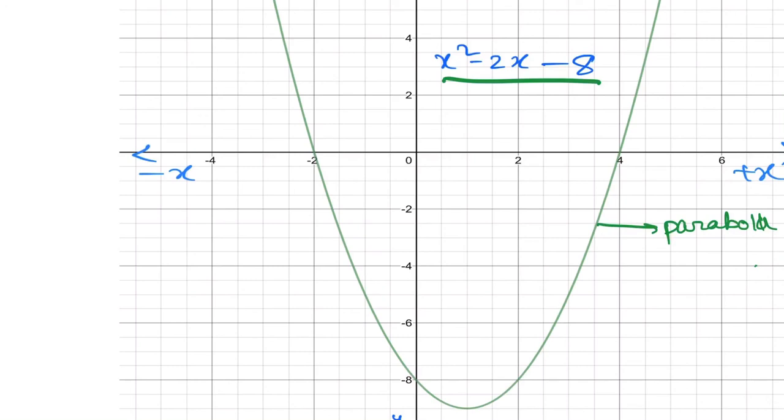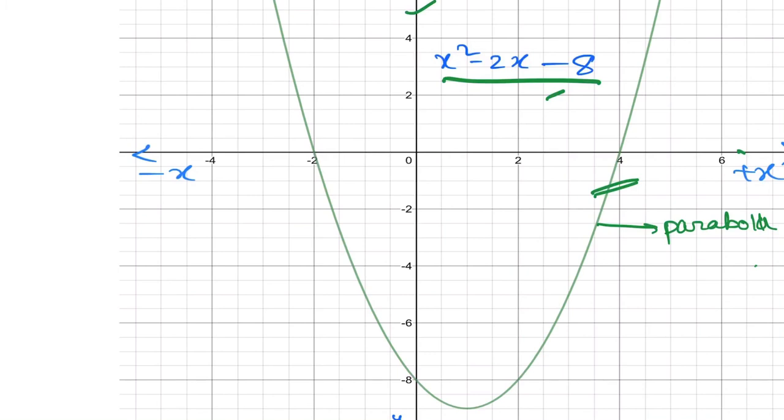Now, what is the root? You will understand better here. When this curve intersects the x-axis at a point, the value of x at that point is called the root of this equation. You see that this is the x-axis and this is the y-axis.